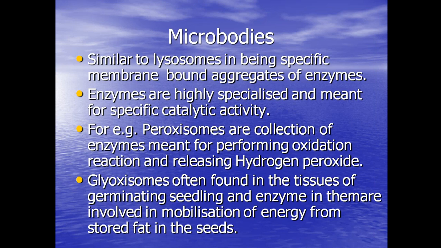They also provide shape, texture and other physical characteristics to the cytoplasm, and they are also involved in cell division. So these are some of the important functions of the cytoskeletal elements, which are three in number: microtubules, microfilaments and intermediate fibers. Is it clear?